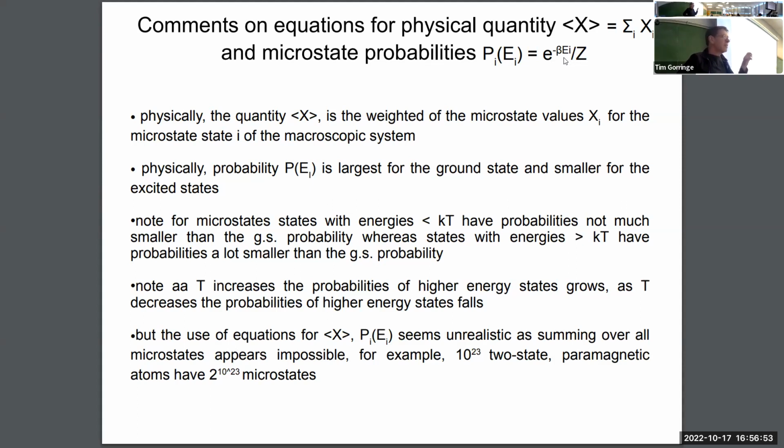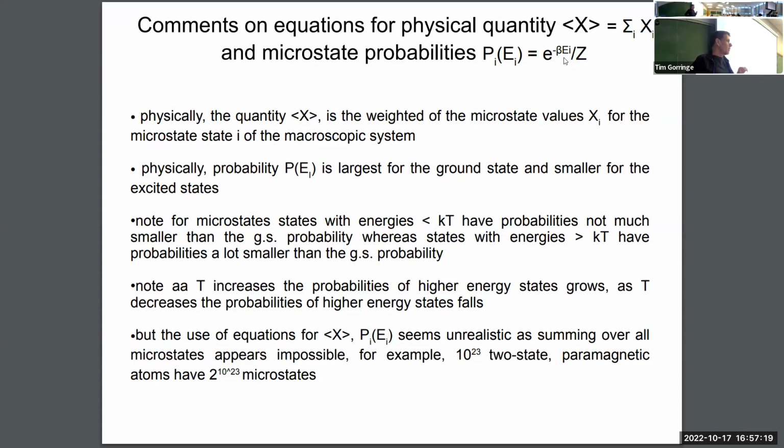So they're going to get a decent weighting in this averaging procedure. If you've got states that have energies greater than kT, especially much greater than kT, then that Boltzmann factor is e to the minus a big number. So those are going to get very little weighting. We're going to get a very small weighting in this calculation of the average.